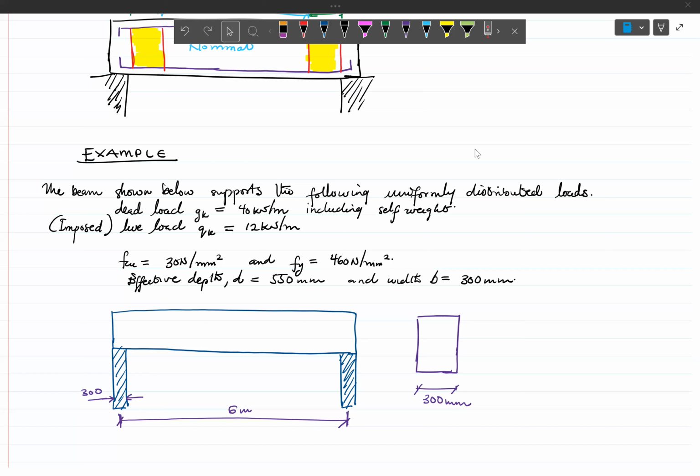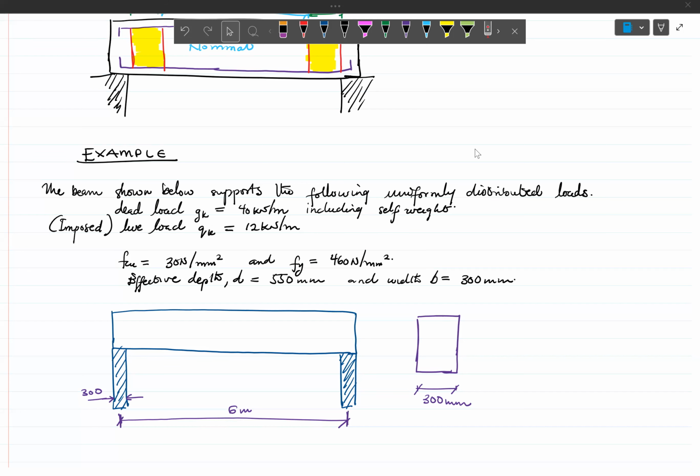All right, so we have a simply supported beam, as is shown below, and the beam supports some uniformly distributed load. And here we have a dead load of 40 kilonewtons per meter, which includes the self-weight of the beams and then all of that. Then we also have the imposed load, which is 12 kilonewtons per meter.